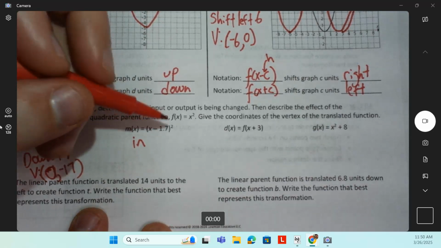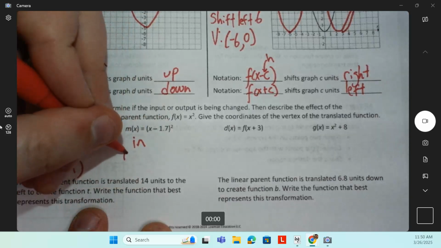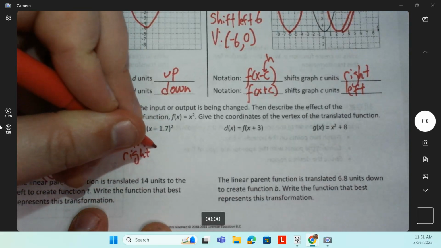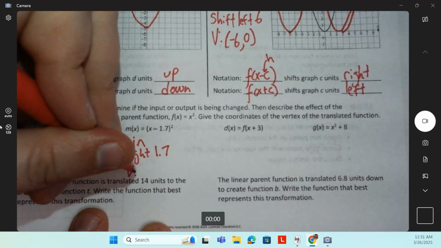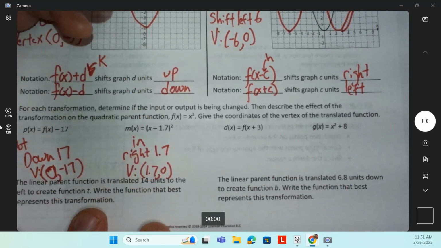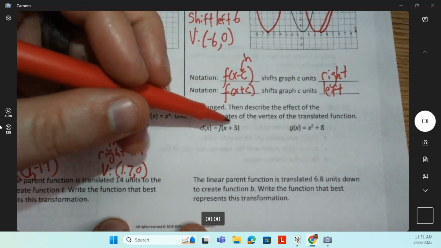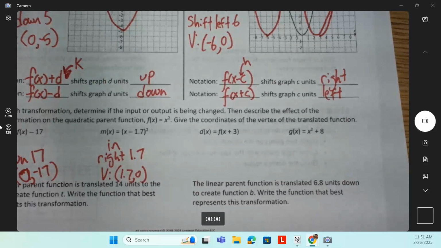For this one, negative c would shift it right 1.7. So vertex would be 1.7, 0. Okay, same for these. This would shift it left 3. That would shift it up 8. And they would change in a similar way.